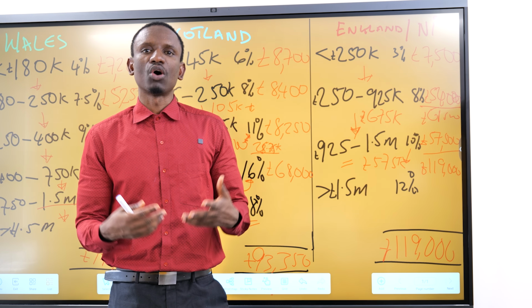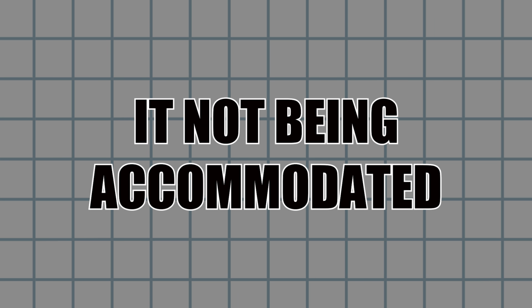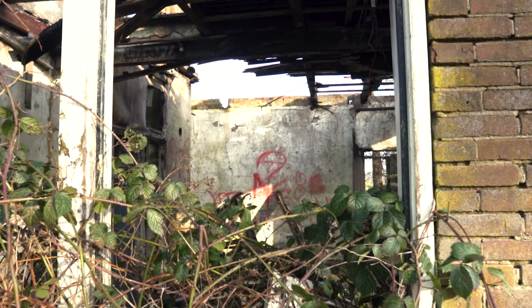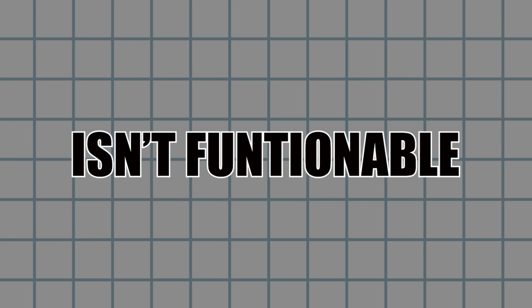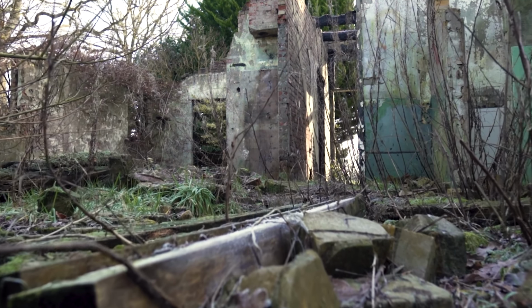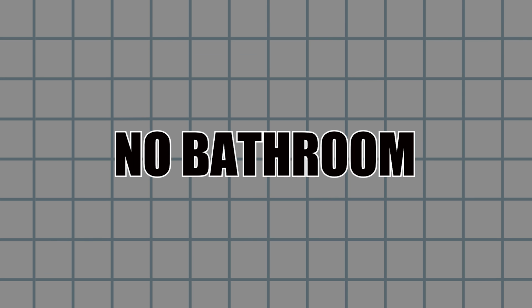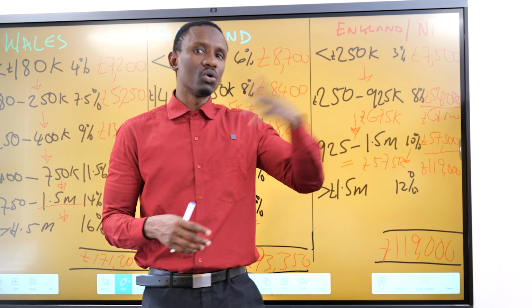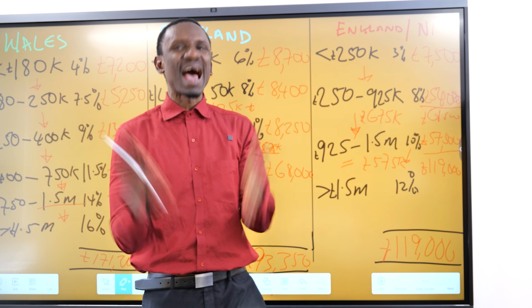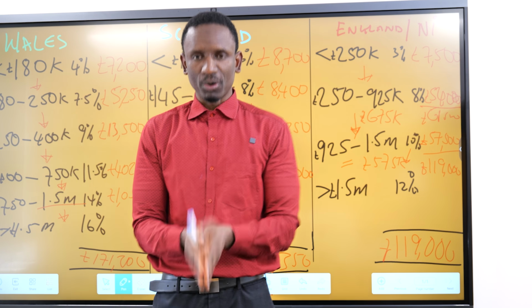I'm talking about houses where maybe part of the roof is gone, or the roof isn't functional, the walls are falling down, the floor isn't done, there's no kitchen, no bathroom, no electricity, no central heating, the garden is overgrown. In essence, even an animal will not live in that property.